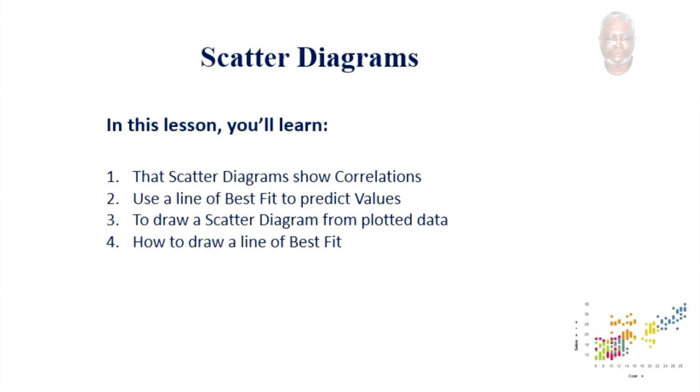data handling. In this lesson, you learn that scatter diagrams show correlations. You'll also learn to use a line of best fit to predict values. Also, you'll learn to draw a scatter diagram from plotted data, and finally, how to draw a line of best fit.